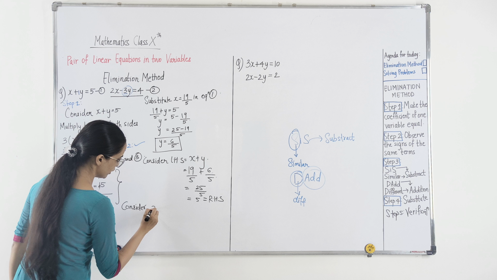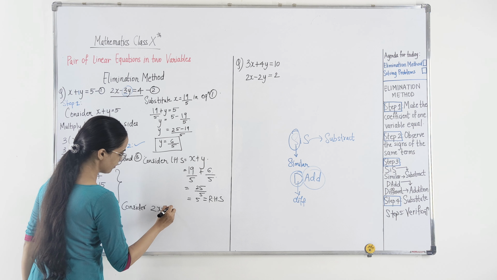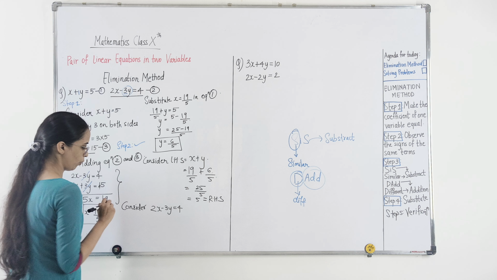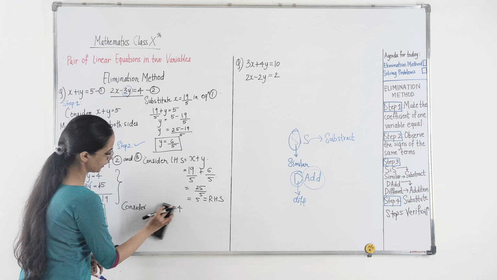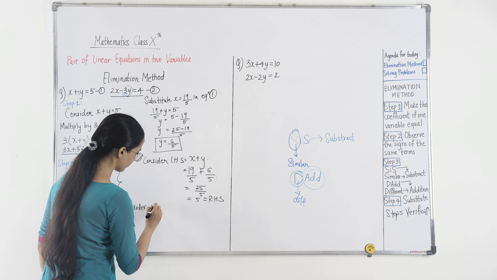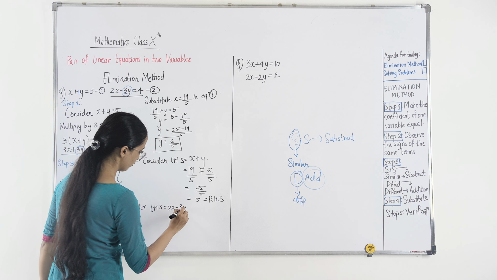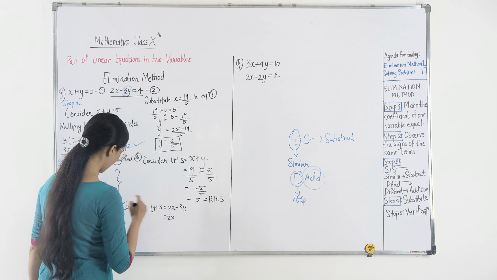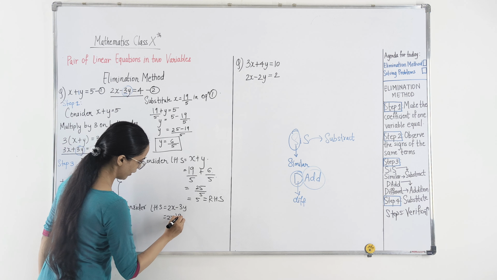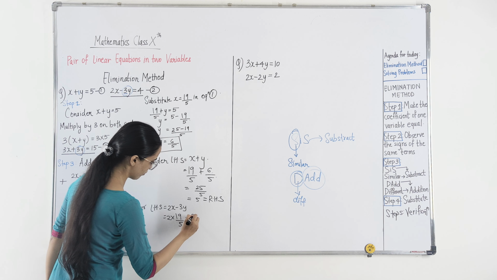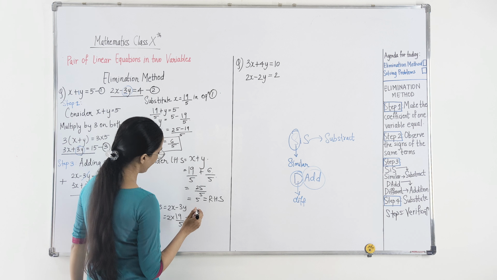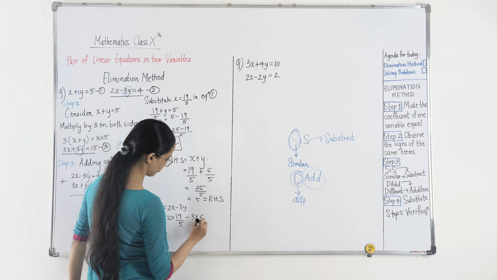Similarly, you're going to consider the next equation. The next equation is 2x minus 3y equals 4. But you're just going to consider the LHS, 2x minus 3y. So wherever there is x, we will put the value of x, and wherever there is y, we will put the value of y.